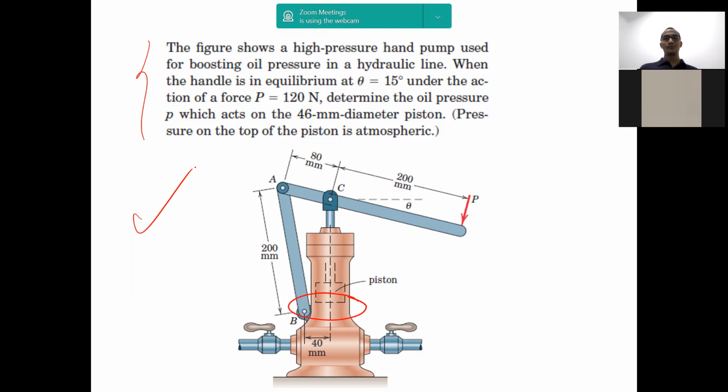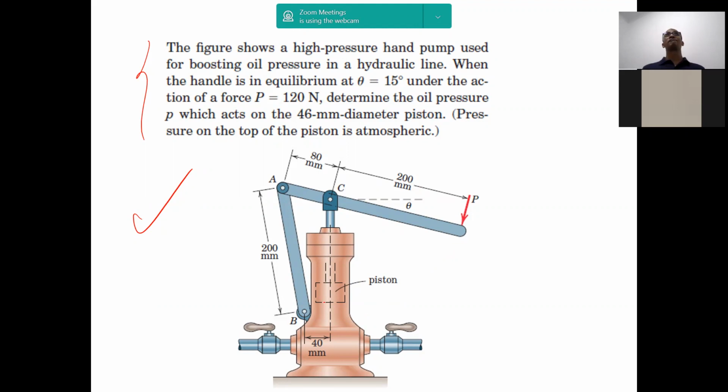Jadi di masa lalu, alat yang serupa itu digunakan untuk memompa air di rumah biasanya.